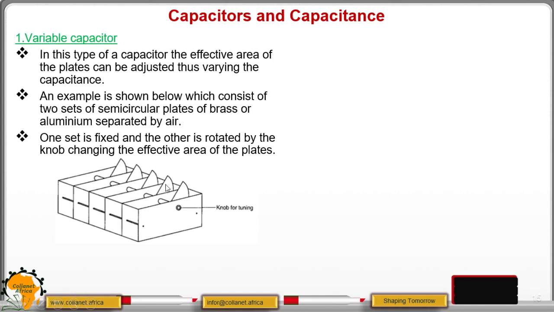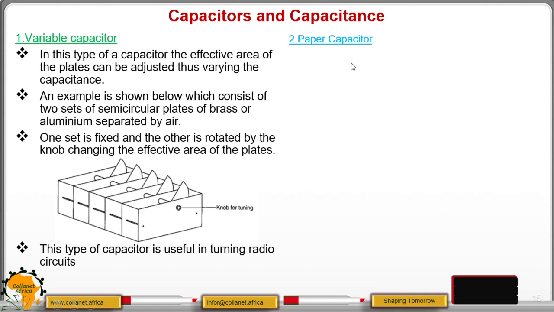So if these ones are fixed and these ones are variable, then when you turn this, you will change the effective area of the plates, and by so doing, you change the capacitance. Now, this type of capacitor is useful in tuning radio circuits.